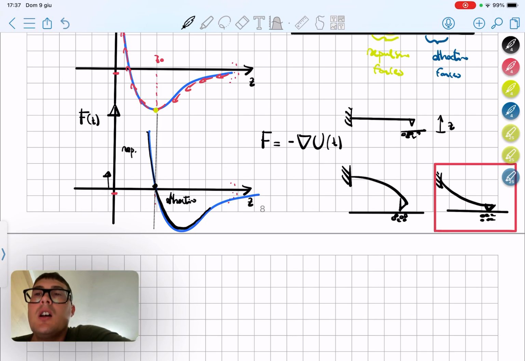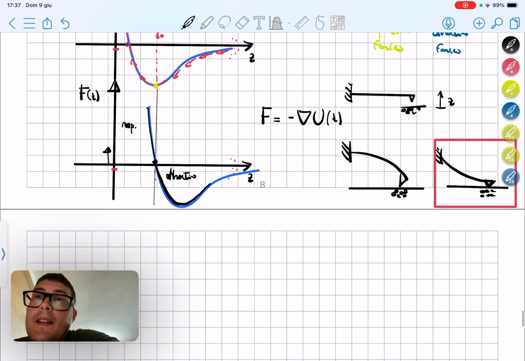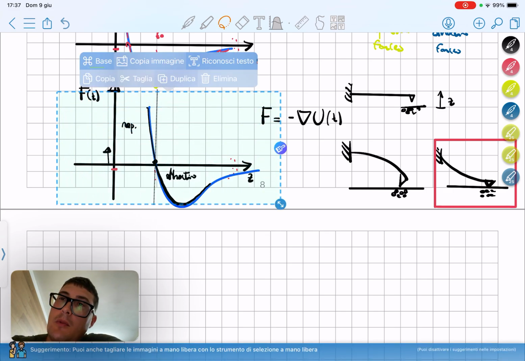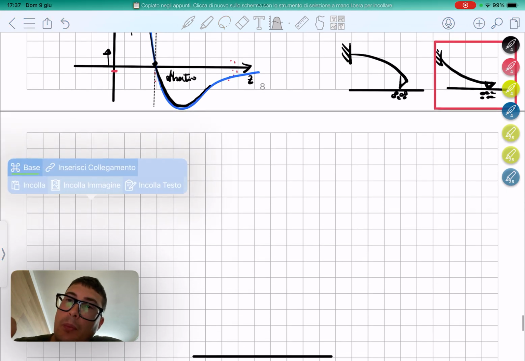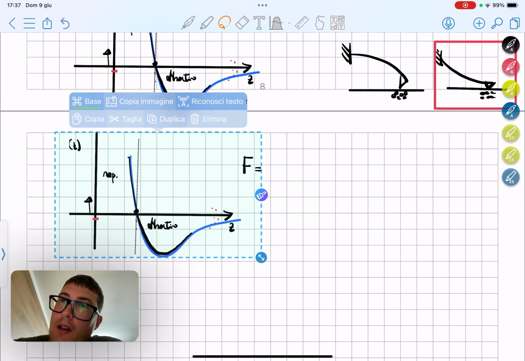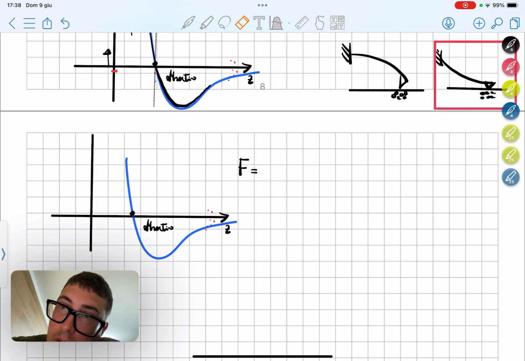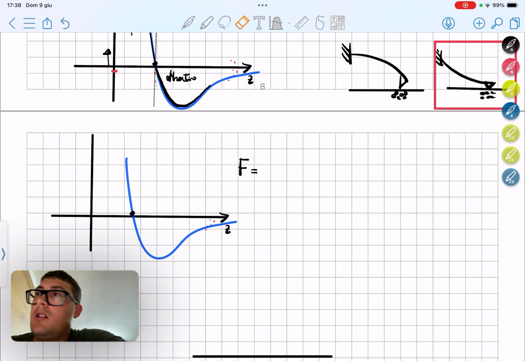But there is actually more than that, and the more can be seen again using this plot, which highlights some features of this kind of technique. Let me clear this plot a little bit more. Again, it's force as a function of the distance.